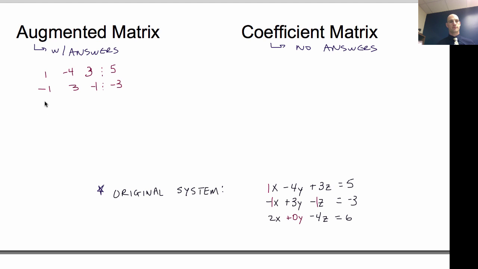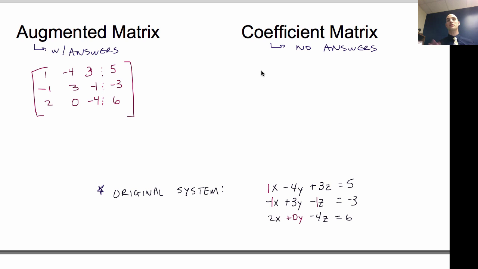Third row: 2, 0. Now notice everything has to go in order: all of my x's, all of my y's, all of my z's, -4 and 6. This is my augmented matrix, with just the coefficients and then the answers after my dot, dot, dot.